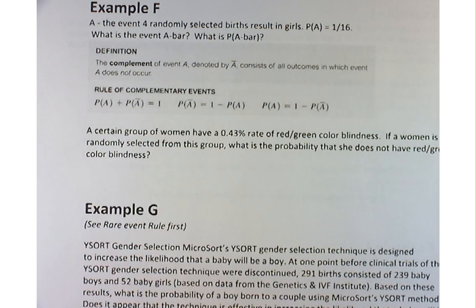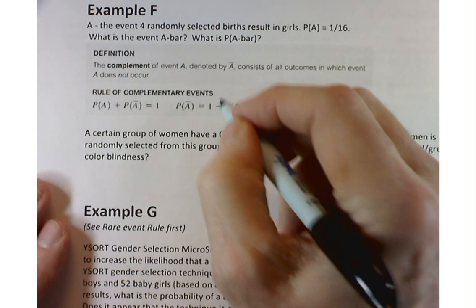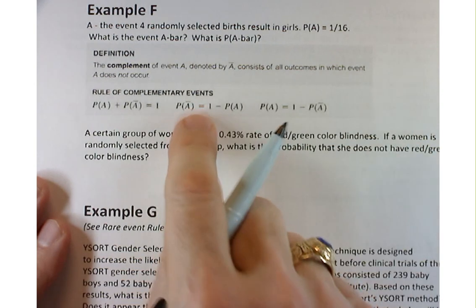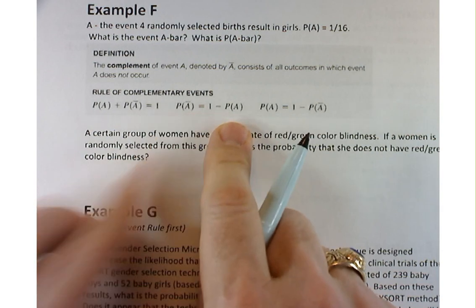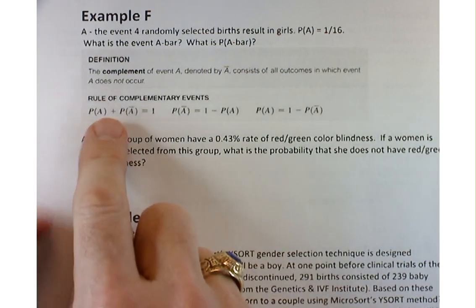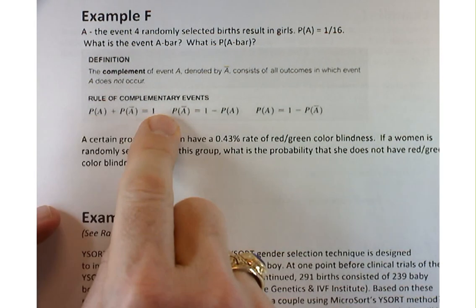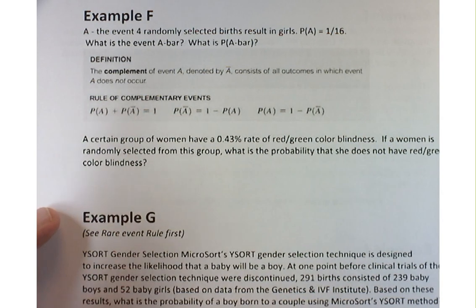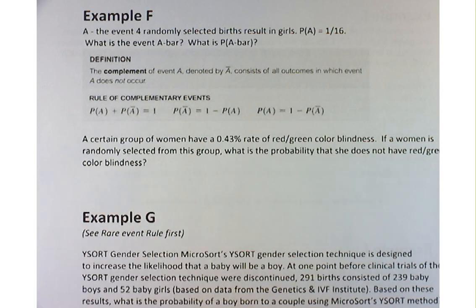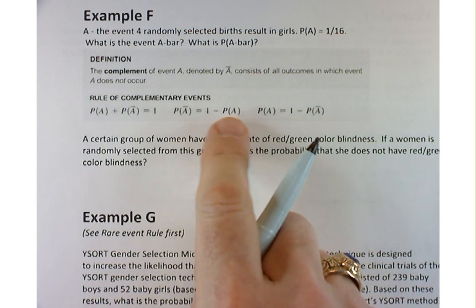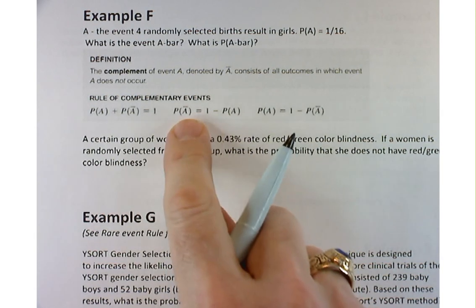That's fine as far as it goes, but this is where it's really useful. The probability of A bar is 1 minus the probability of A. Basically, all you've done is take this and move it to the other side of the equation, and you get this here. Now that can be helpful in problems like example F, where you calculate things not directly, but indirectly.